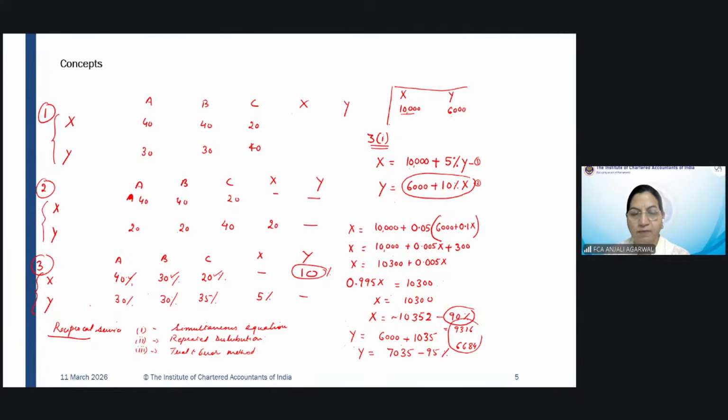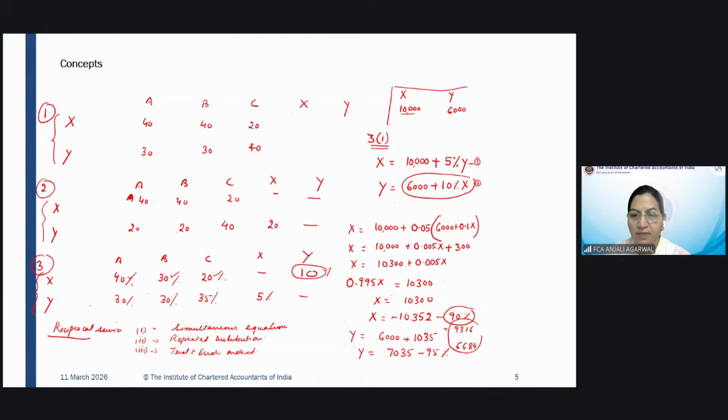So if you distribute 90% of X and 95% of Y amongst ABC, then you can take the ratio of 4:3:2 and 6:6:7. But otherwise, 10,352's 90% should be given between them. So 40% of 10,352 should be going to A, 30% of 10,352 should be going to B, and 20% of 10,352 should go to C. In that way, you will distribute 90% of 10,352, which is 9,316.